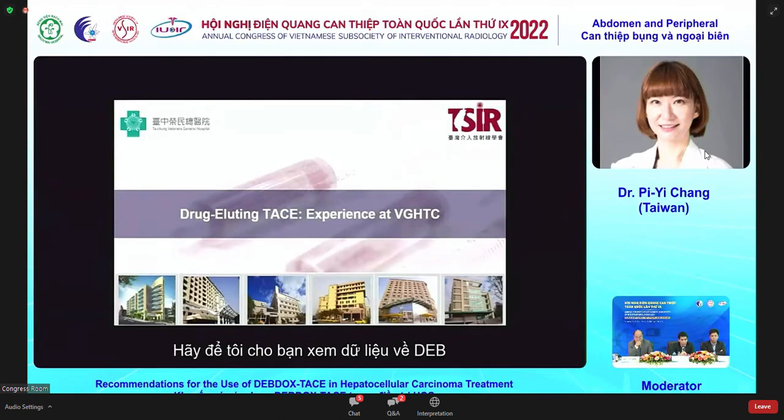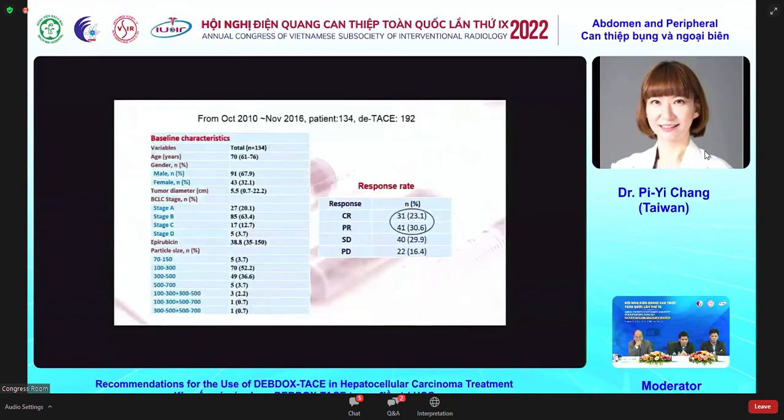Let me show you the data on drug-eluting beads from my own experiences. I had done 192 times of DEBDOX-TACE on 134 patients. And you can see that the response rate for DEBDOX-TACE can reach up to 53.7 for objective response rate.